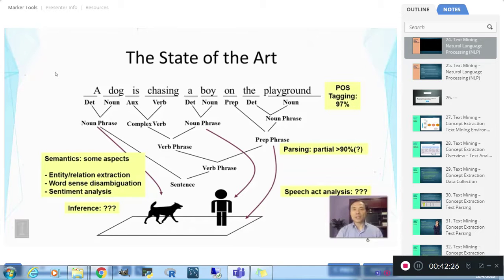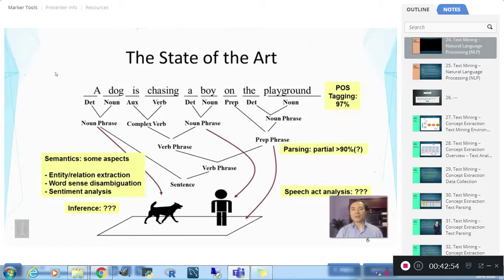Sentiment analysis is another aspect of semantic analysis that we can do. That means we can tag the sentence as generally positive when it's talking about the product or talking about the person. Inference, however, is very hard, and we generally cannot do that for any big domain, and it's only feasible for very limited domain.